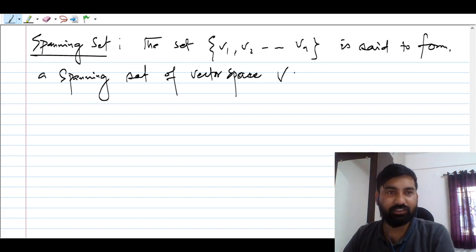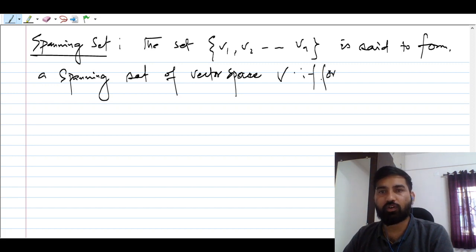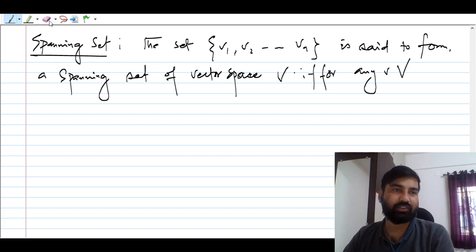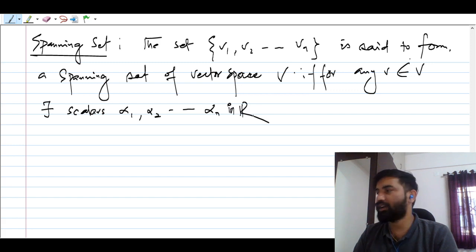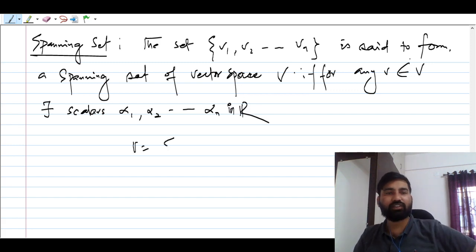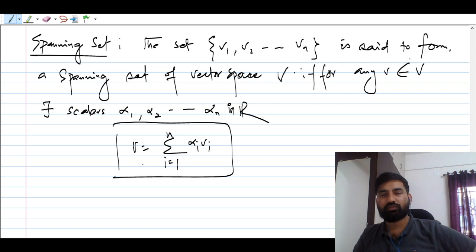The set is said to form a spanning set of vector space V if for any small v belonging to capital V there exist scalars alpha 1, alpha 2 and so on alpha n in R, such that small v is the sum over i equal to 1 to n of alpha i vi. These definitions are very tough, right?